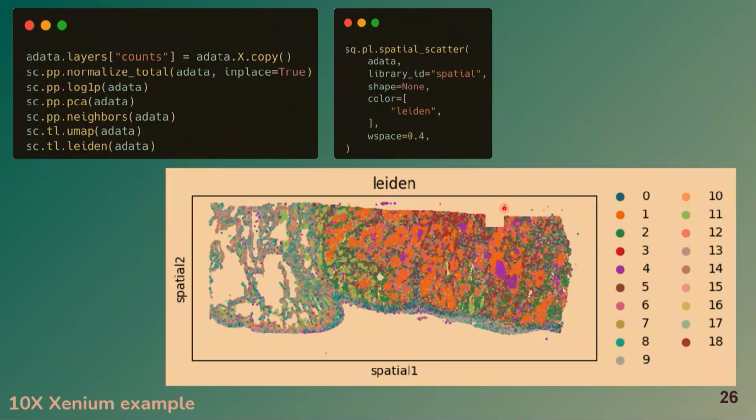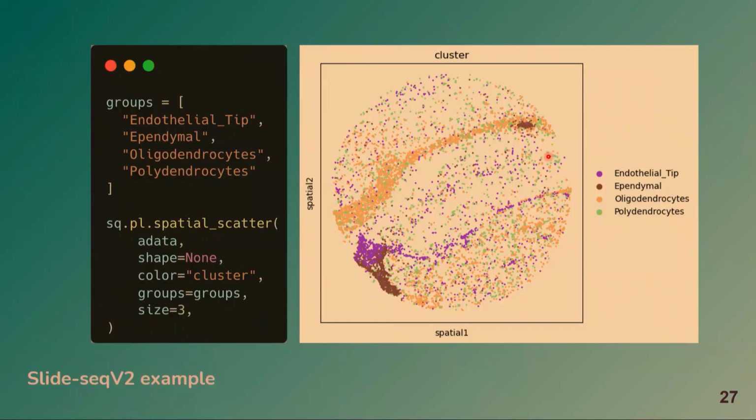And here, because it's Xenium, it has not only information of location, but location of each cell. So here you can see a cluster with higher resolution. Another technology that has high resolution is Slide-seq v2. And another feature that Squidpy can provide is that you can just plot specific regions of interest.